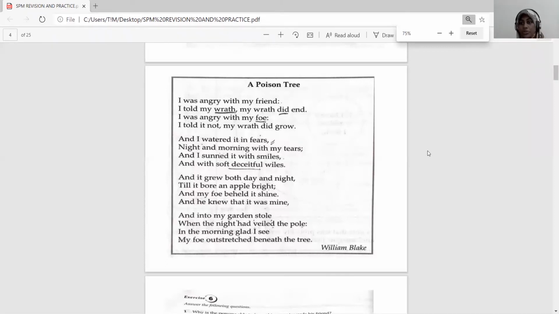Communication, yes. Importance of effective communication. Very good, Tang One. Communication. When the persona disclosed his anger to his friend, it ended. But with the foe, he did not talk, so the anger grew. So it was very bad communication between the enemy and the persona.